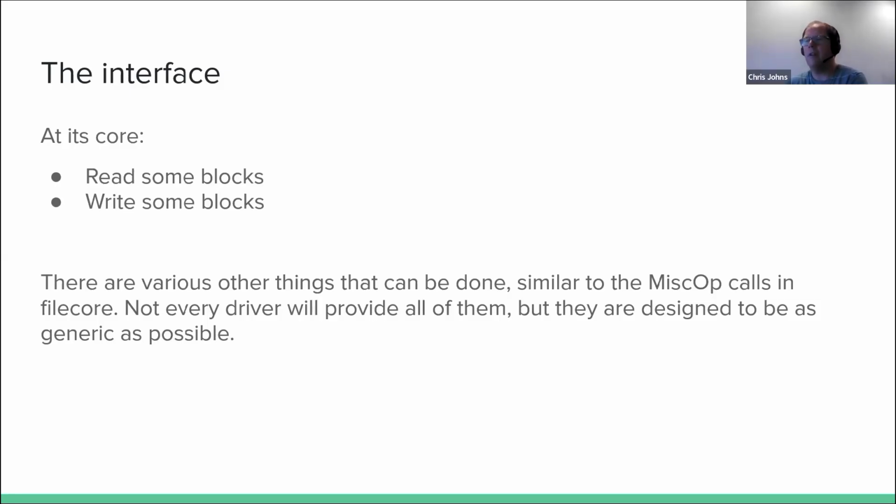But the ones it does provide, they try to be as generic as can be. It's actually quite tricky to do because even things you think would be generic aren't, between different devices. But the idea is that you can target any device, doesn't matter how it's provided, and it will work. In terms of providing file storage, then it's really just read and write that you need anyway.